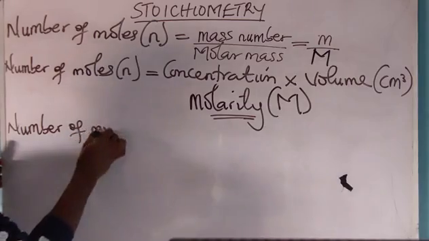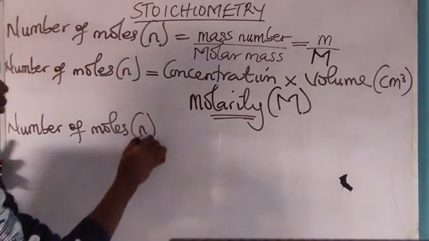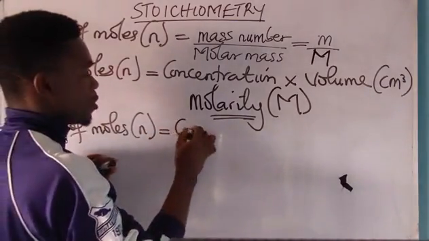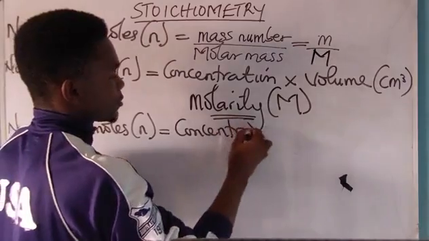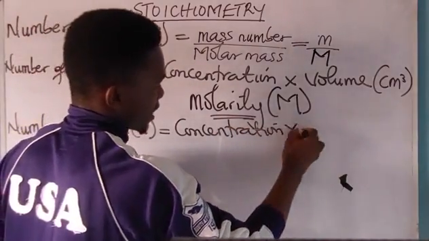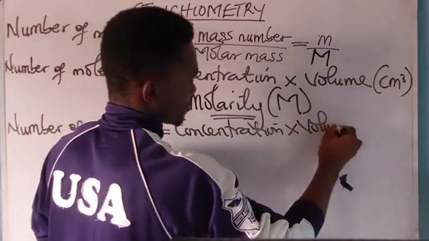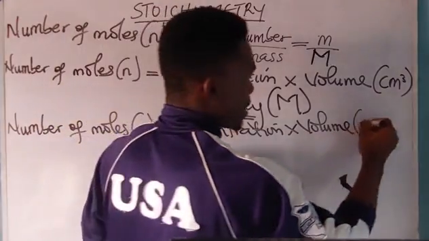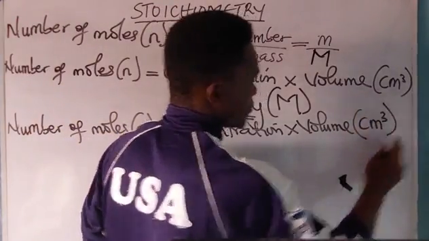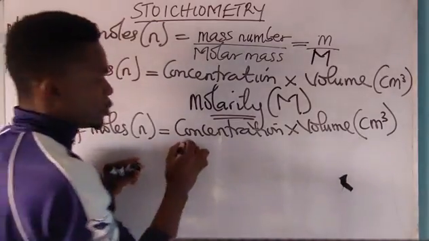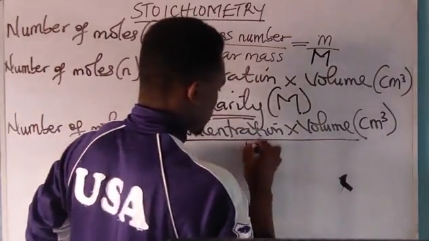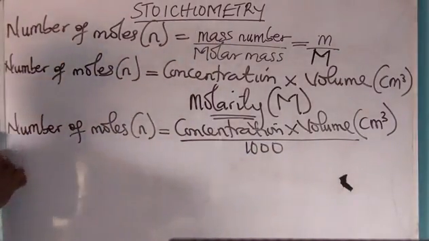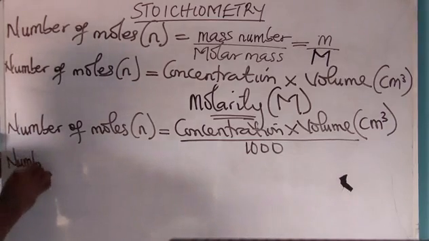Number of moles is also equals concentration times volume. If the volume is in cm cube, you divide by 1000. Take note of that.